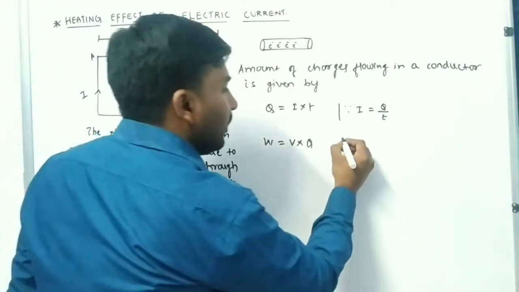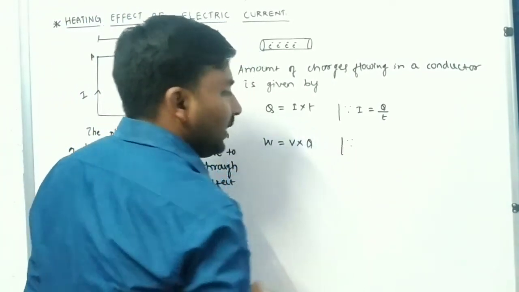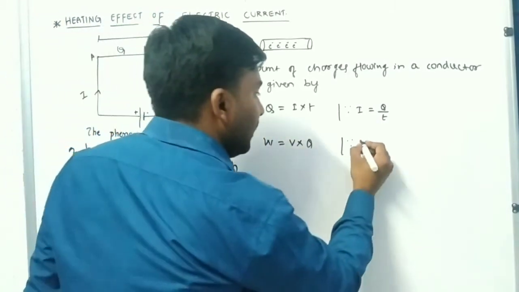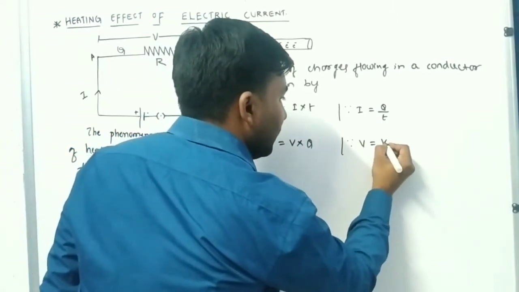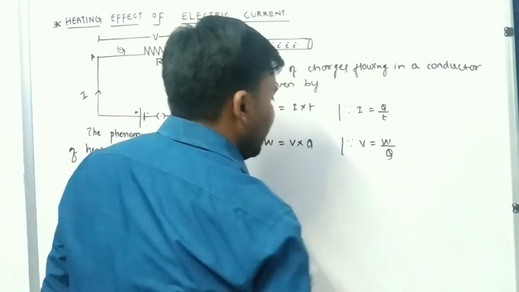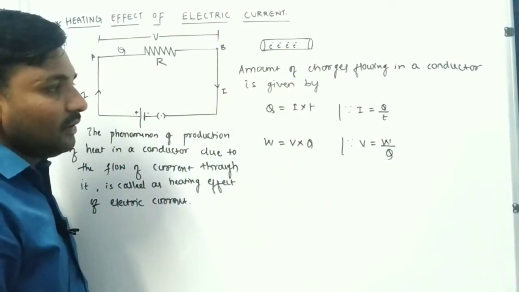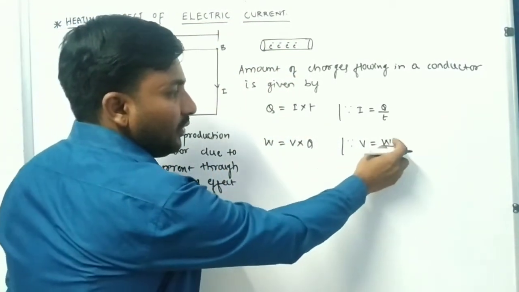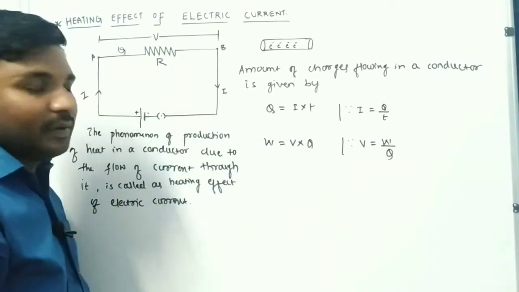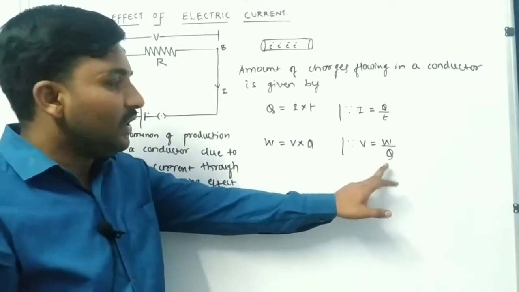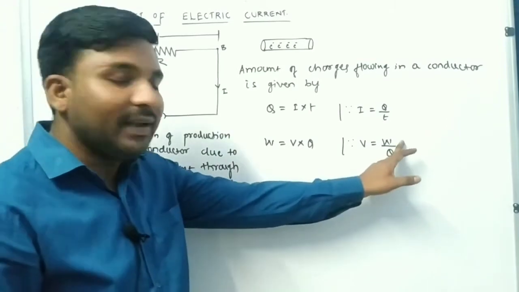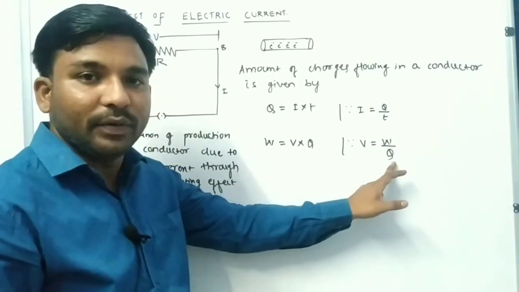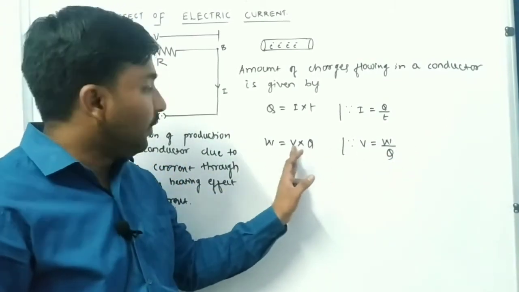Because what about the potential difference formula? V is equal to W divided by Q. This is the potential difference formula. So I can write here work done is equal to V into Q.